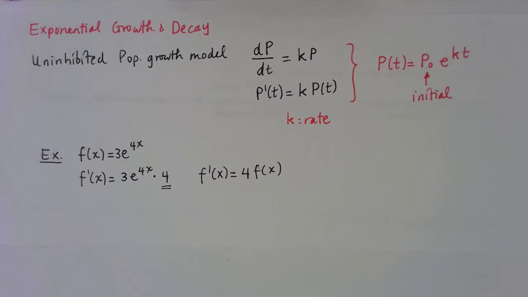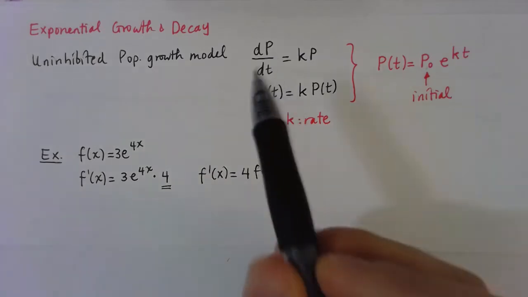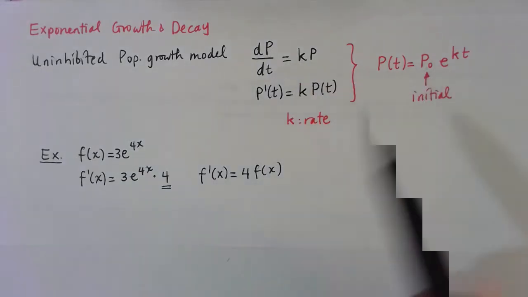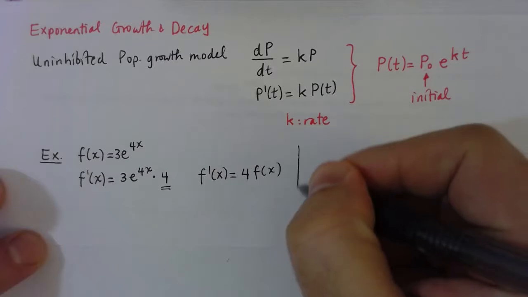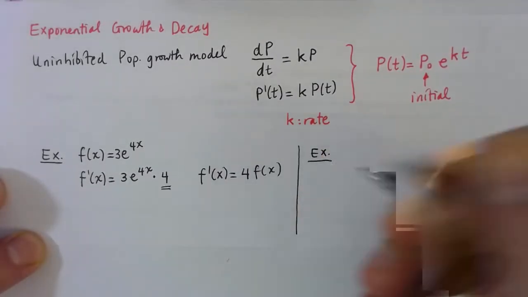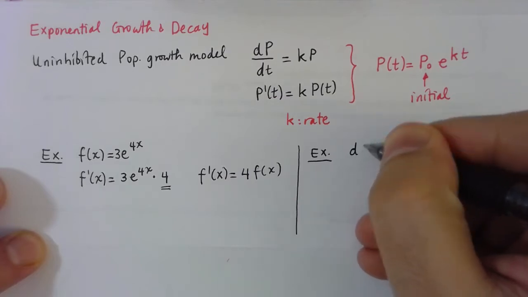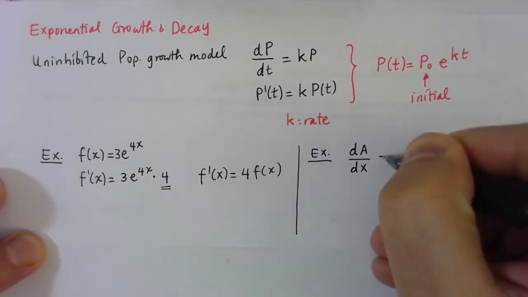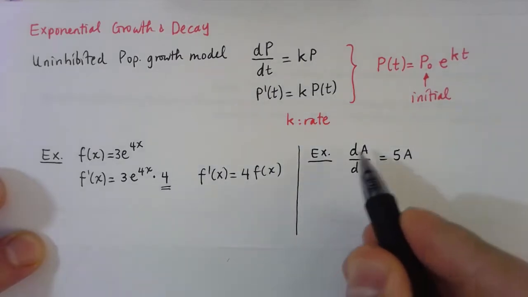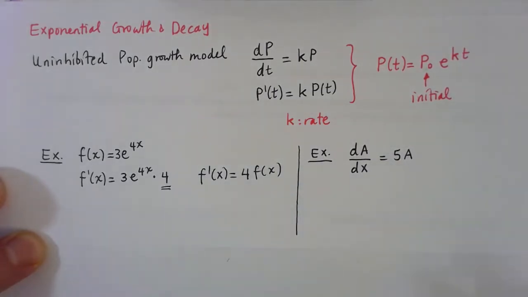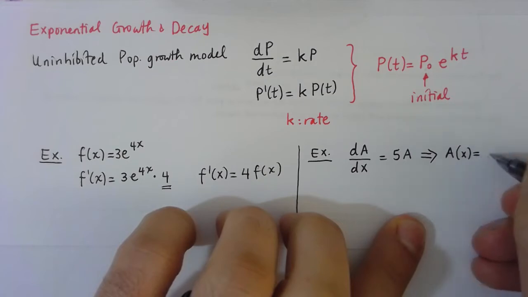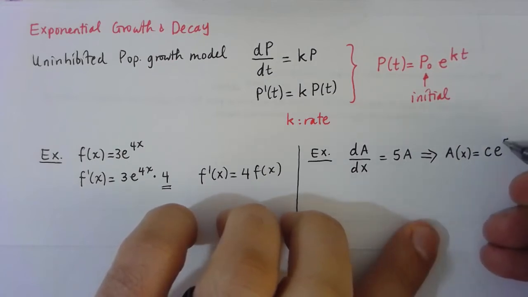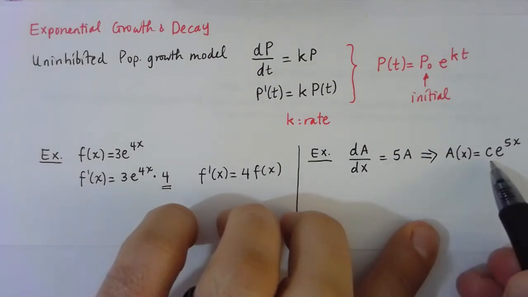The model will usually be given in the problems, so it's straightforward. Here's a basic example: the equation dA over dx equals 5 times A. The rate of change of A is a multiple of the actual function, so that produces the solution A of x equals a constant c times e to the power 5x. That constant c is the actual initial value.